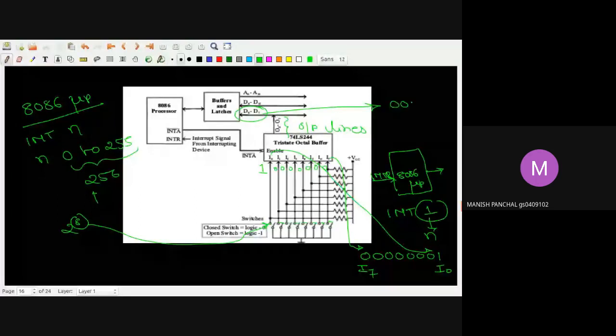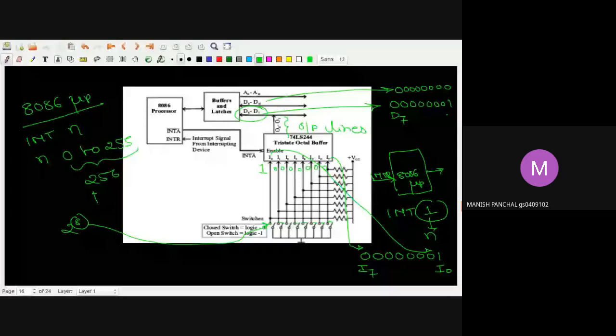0 0 0 0 0 1. Okay, so here we assume that this combination goes to IP, because I am assuming all the remaining lines are 0 0 0, okay, so this is for my D7 to D0, and this is for D8 to D15.